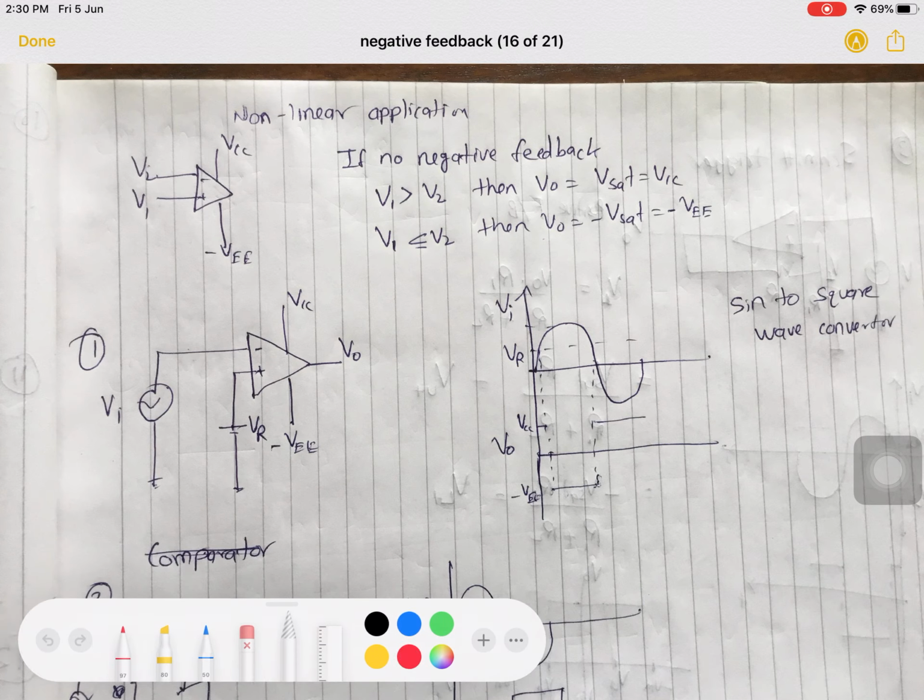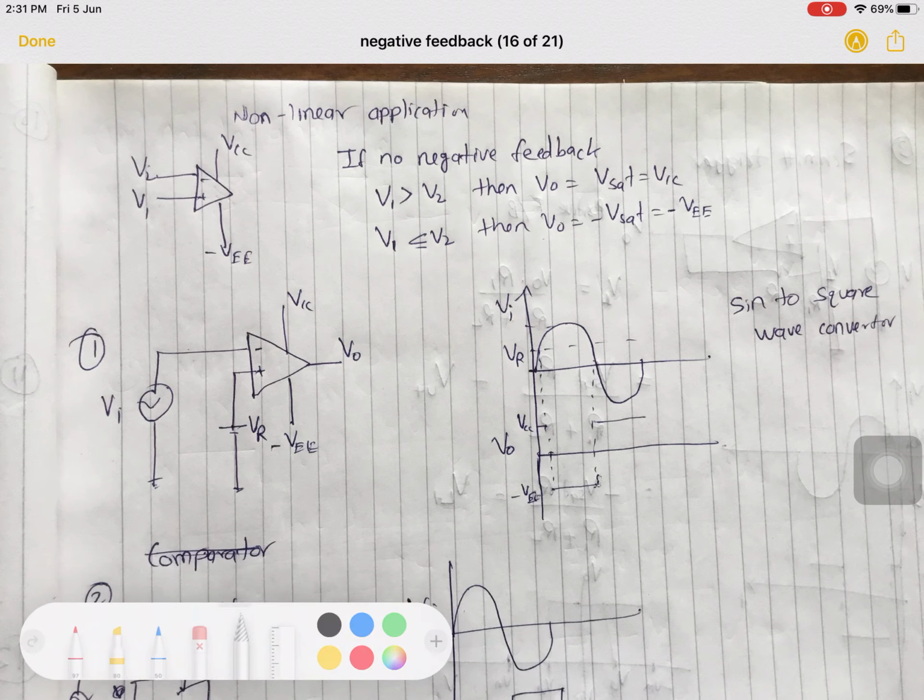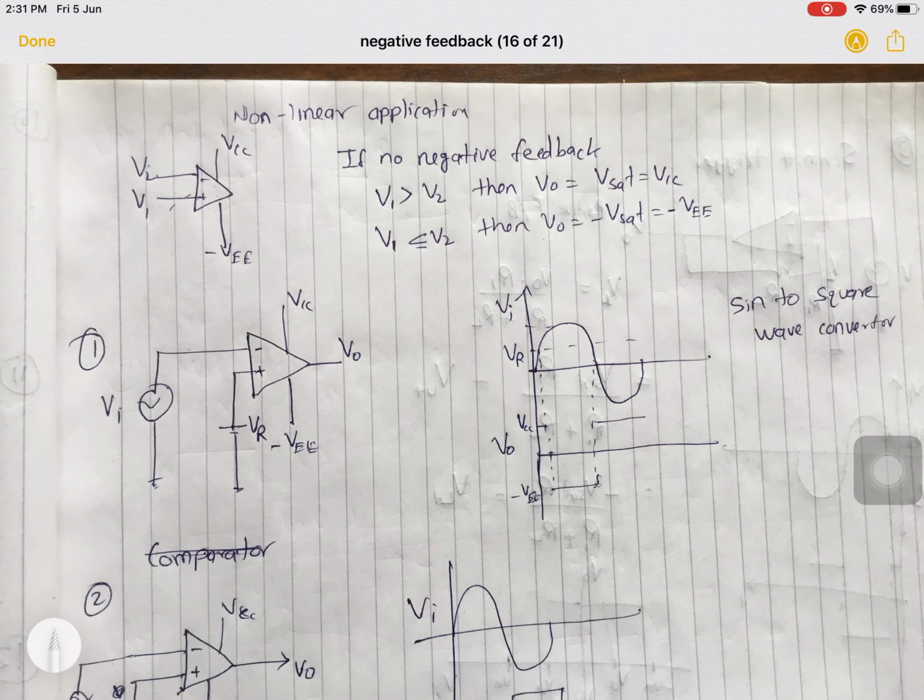The advantage with non-linear application is that the output is always fixed. Either it will be VCC or minus VEE. For example, let's say we have an op-amp whose power supply is plus minus 12 volt. If V1 is at the plus terminal and V2 at the minus terminal, if V1 is greater than V2, then V0 equals VCC.